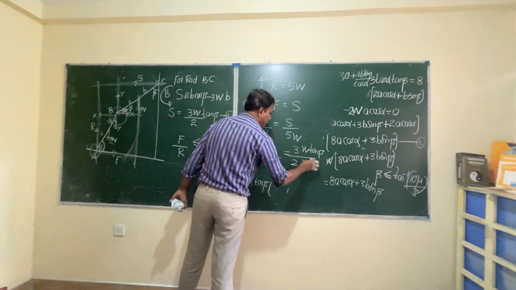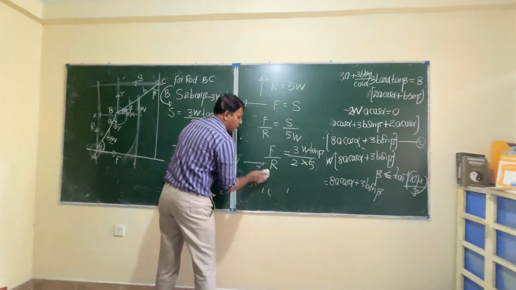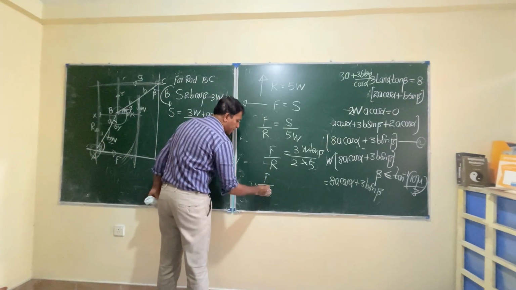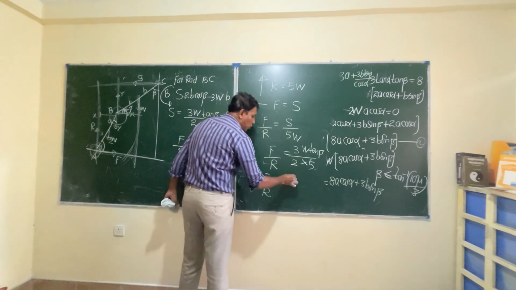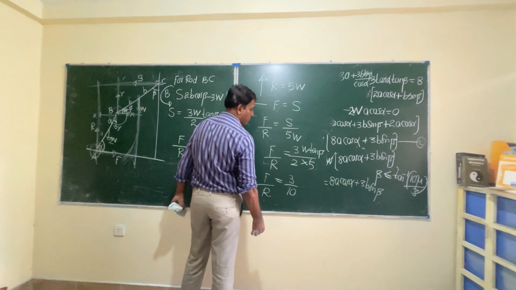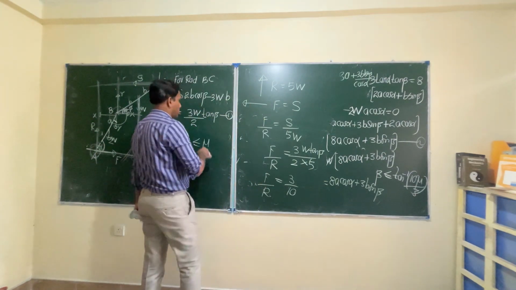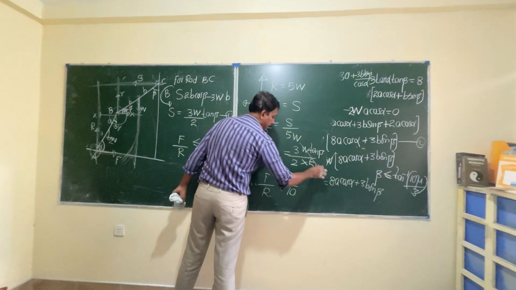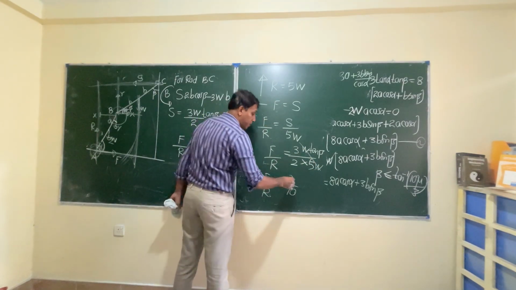There's a 5 already here, so F over R equals 3 over 10. W cancels, giving 3 over 10 tan beta.